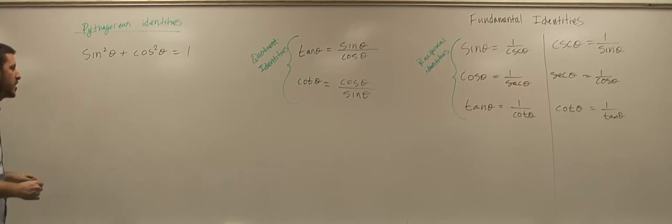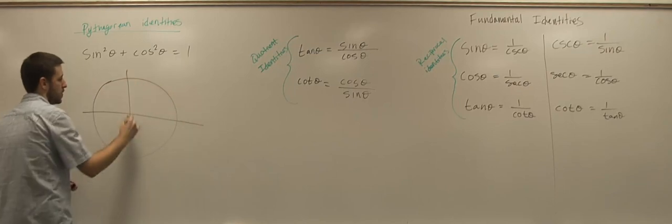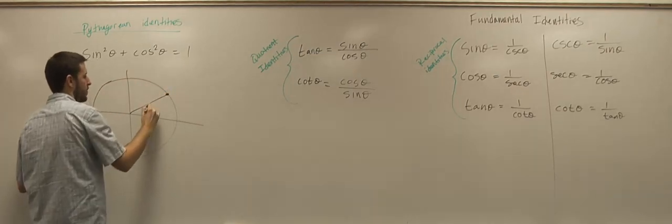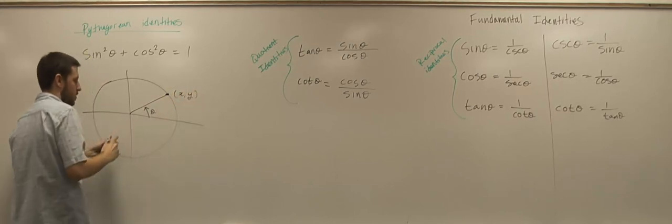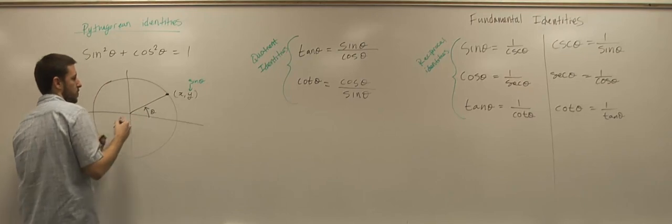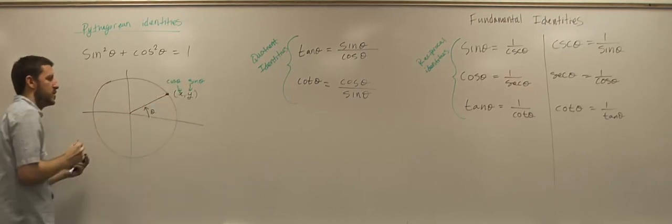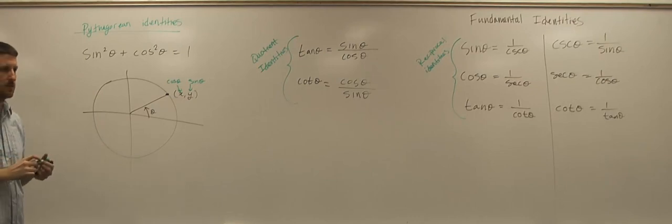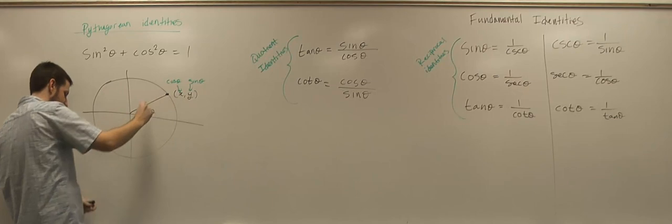Sine on your unit circle, what's sine equal to? Y. Sine of theta is equal to the y value, right? And what's cosine equal to? X. And what is the equation that every point on the unit circle satisfies? X squared plus y squared equals 1. That's how you belong to this circle.